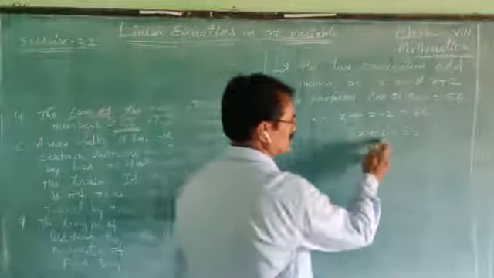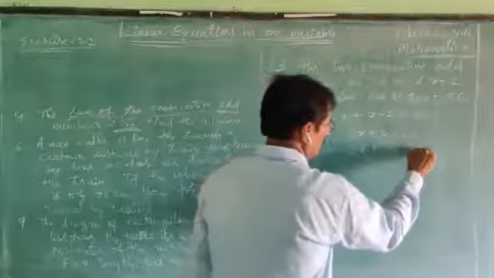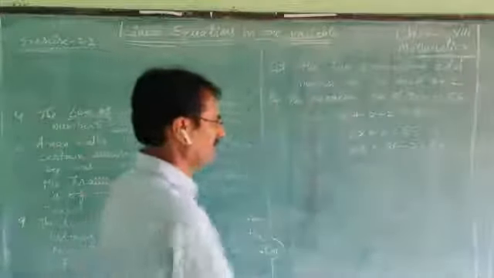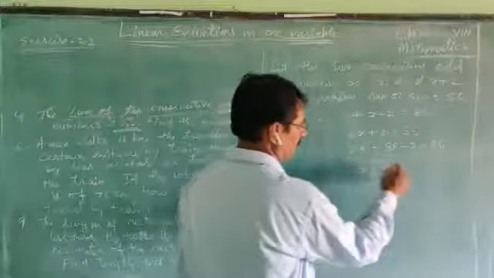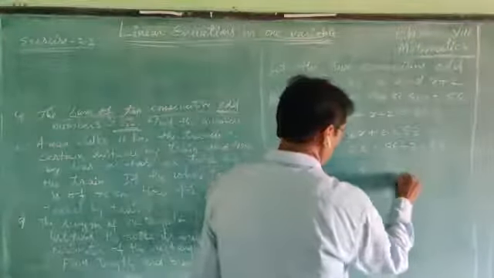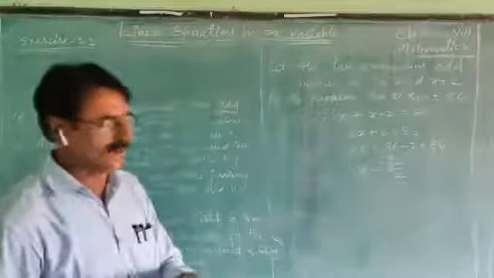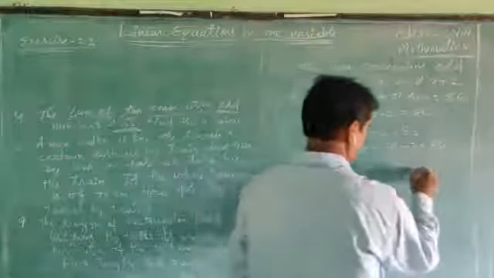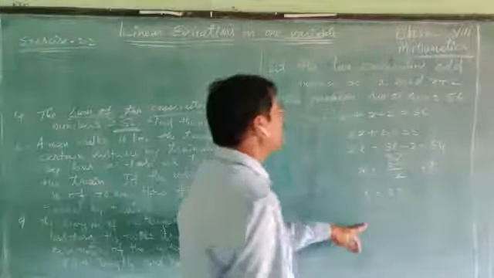First, send this to the other side, remaining 2x equal to 56 minus 2 equal to 54. Send this to the side, it becomes division. 54 by 2. 2 2's 4, remaining 1, and 2 7's 14, 27. x equal to 27.